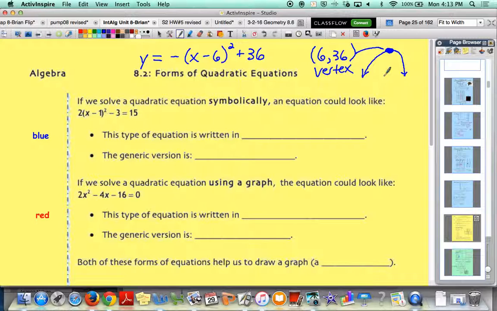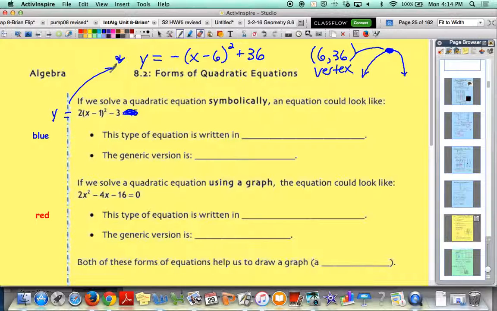What I want you to think about now is that this is a particular form of a quadratic equation, and it looks very similar to this one down here. This one down here has this little 15 after the equal sign instead of y. But if we crossed out the 15 here and wrote y equals, it looks very similar to the one we have up here.